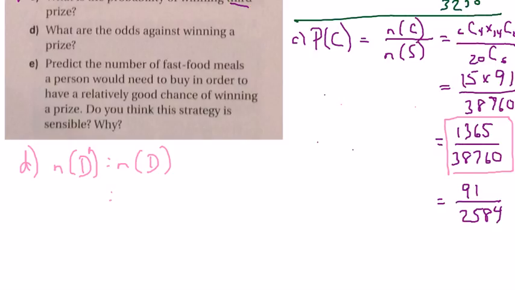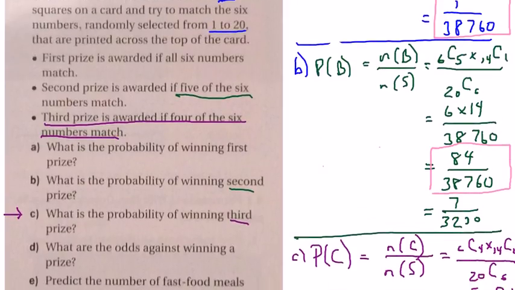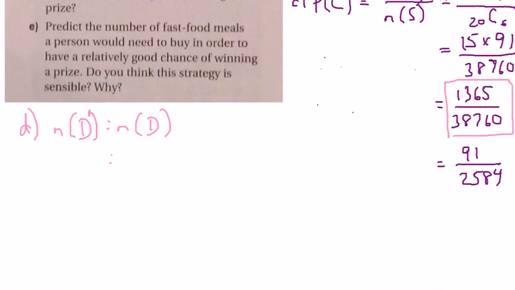So there's obviously a total of 38,760 different things that could happen. 1 plus 84 plus 1365 is N of D. So we're going to add those all up.